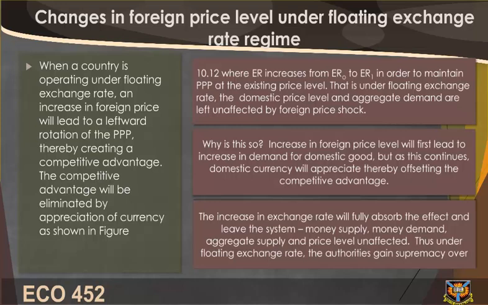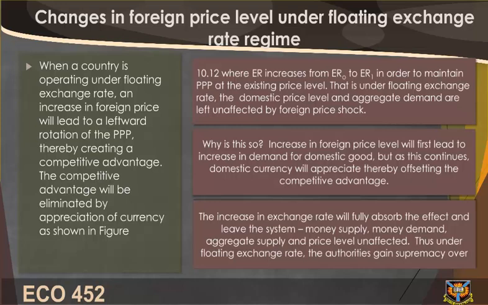Why is this so? Increase in foreign price level will first lead to increase in demand for domestic goods, but as this continues, domestic currency will appreciate, thereby offsetting the competitive advantage. The increase in exchange rate will fully absorb the effect and leave the system money supply, money demand, aggregate supply, and price level unaffected.